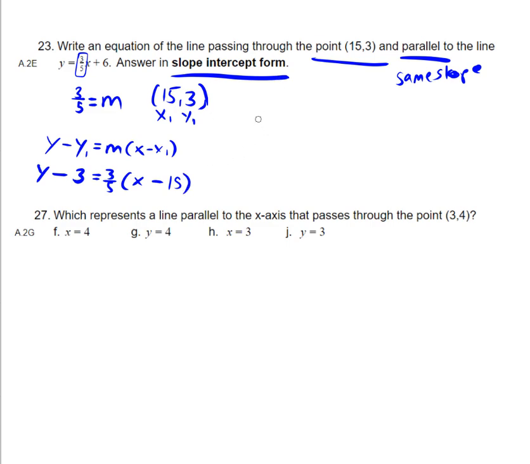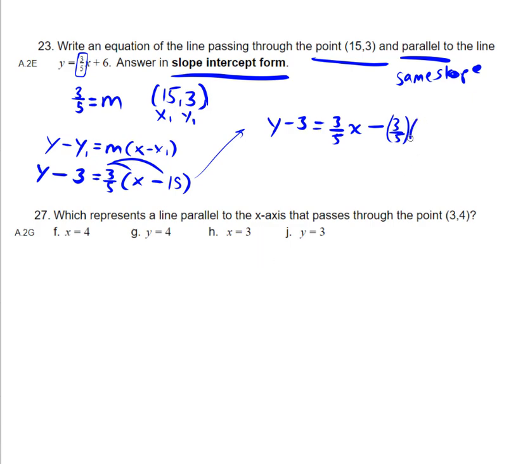So I'm going to take that y minus 3. I'm going to start off by distributing that 3/5 in, right? I'm just going to move it up here. I got y minus 3 is equal to my 3/5 x minus, and now I need to do 3/5 times 15.